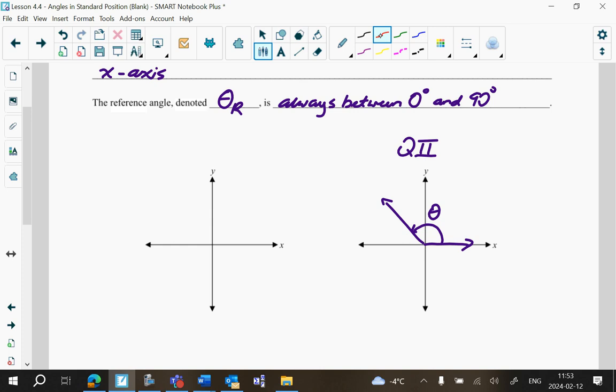I said it's formed between the terminal arm of theta, so that means it's this arm as well, and the nearest x-axis. Is the positive x-axis closest to this arm, or is this one? The negative. So this would be the reference angle.